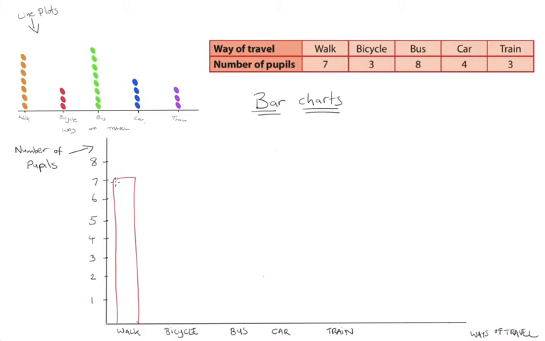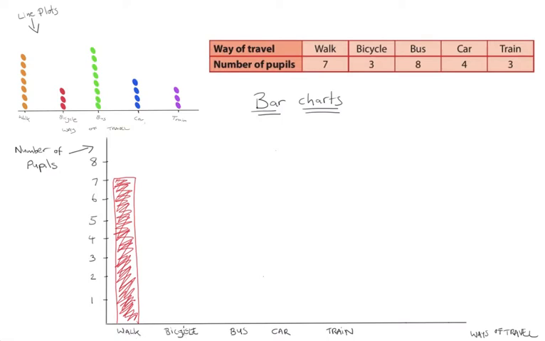And then you can color it in, or you can do squiggles like I'm doing here, but you just want to make it a bit more visible. But sure, we have loads of time, so we can color it in. So that is walking. You can see it's gone up to 7 because 7 students walk, and it's directly above the walk on the bottom line.